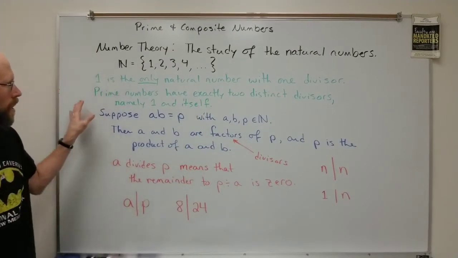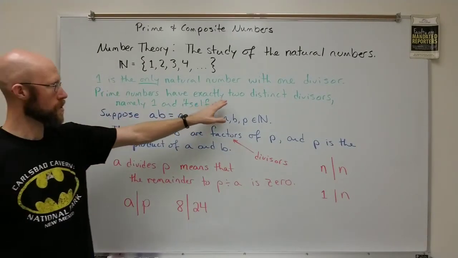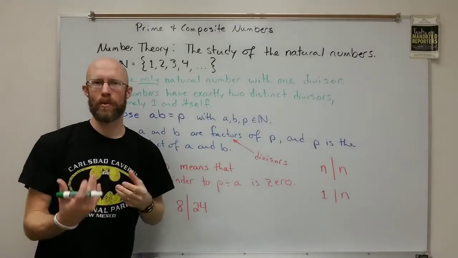Now, I specified this because exactly 2 means you can't have 2 but then maybe some other ones, right?